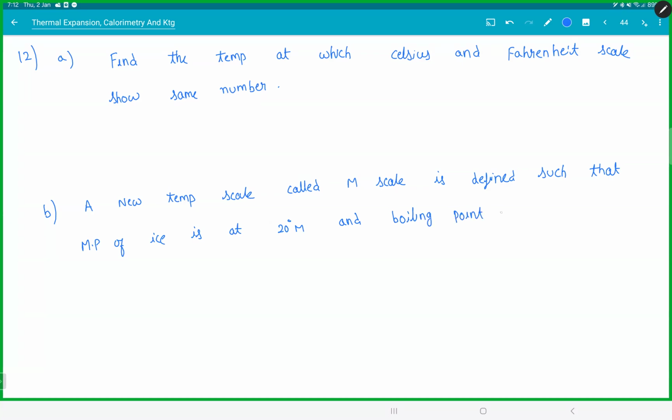Then find the relation between M scale and Celsius scale. Just like you have a relation between Celsius and Fahrenheit scale, I need to find a relation between M scale and C scale.